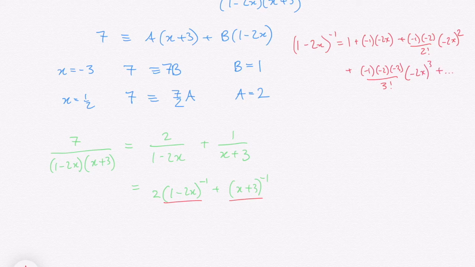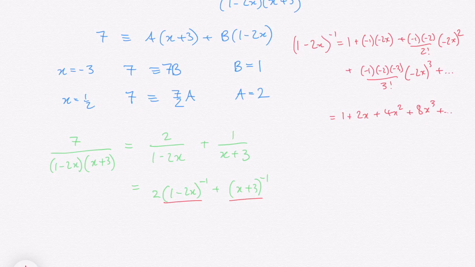We don't need to go any further because it asks for the first 4 terms. Well, this is equal to 1 plus 2x plus 4x squared plus 8x cubed.